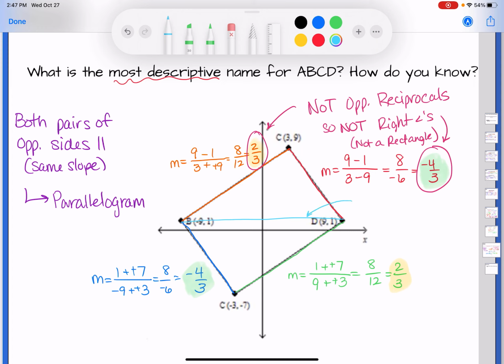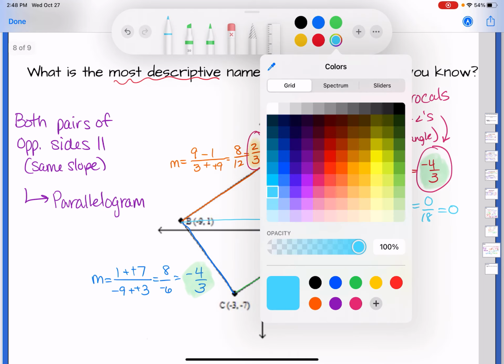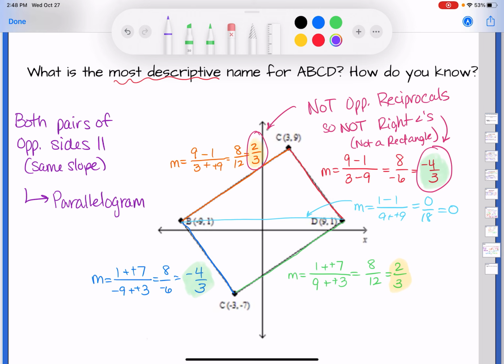So here we go, slope of this one. Oh, 1 minus 1 over 9 minus negative 9. That'd be 0 over 18. Oh, that's the slope of 0, huh? Okay. Well, what's the slope of my other one? Well, it's definitely not looking like it's going to be perpendicular, but we'll double check just in case. I'm running out of room. Maybe I can squeeze it in here. Let's see. 9 minus negative 7 over 3 minus negative 3.